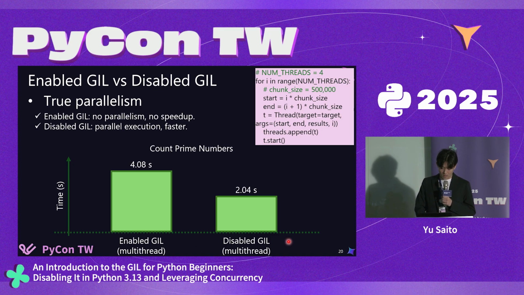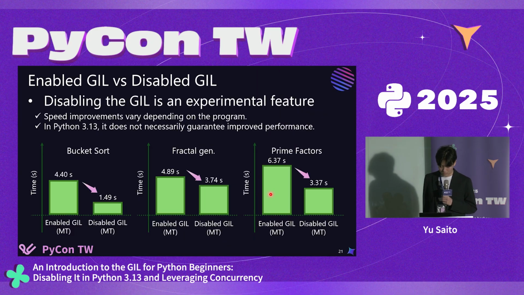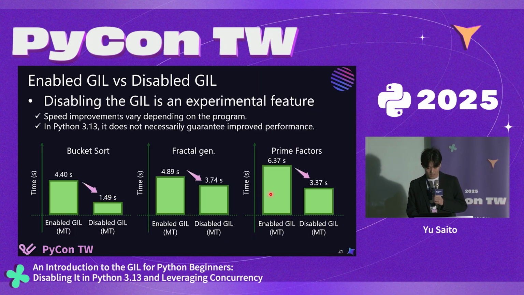Compared with that, the disabled GIL takes only about 2 seconds. This is because with the disabled GIL, true parallelism is realized. So this means the disabled GIL is much faster than the enabled GIL. Thus, disabling the GIL can improve performance.